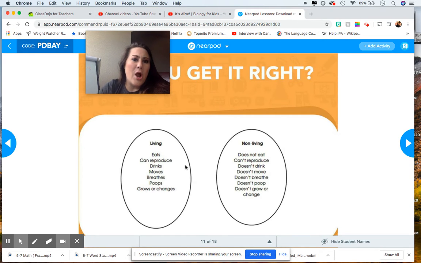So think of that rock or the picture of rocks that we saw. Do they eat, reproduce, drink, move? Someone can move them, but do they move on their own? No. So it's probably a solid example of a non-living thing. But what about trees? Well, trees grow, they change, they reproduce because they send off seeds and everything else, which grow more trees.